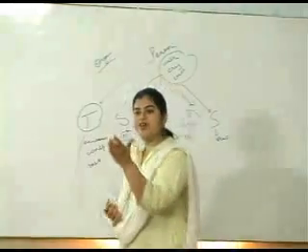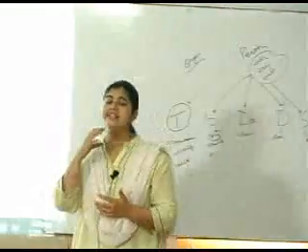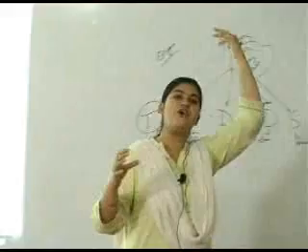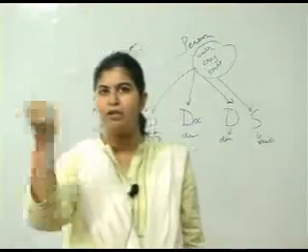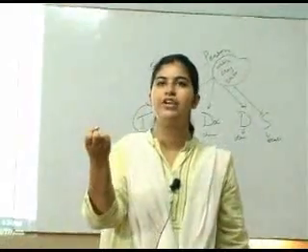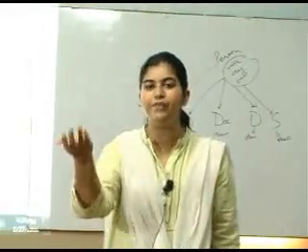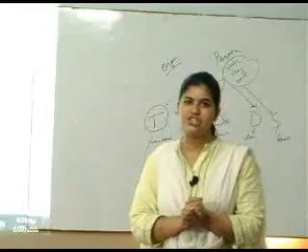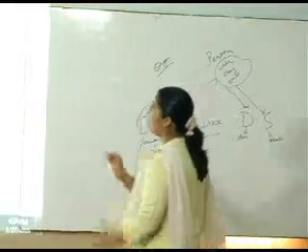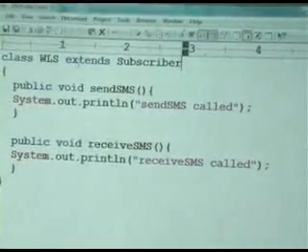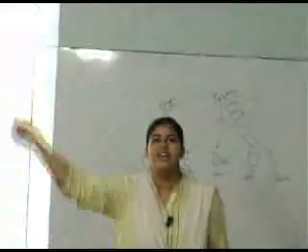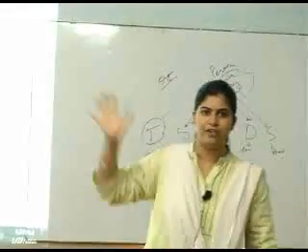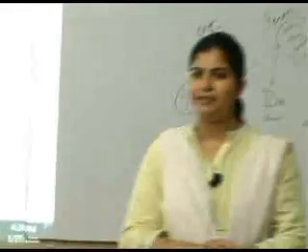But whenever we are talking about the derived class, apart from having all the features of the base class, it is going to introduce some new functionality to your entire application. So now I am saying my wireless subscriber is a subscriber also. That means I can have all the functionality that a subscriber can have. Does that make it clear?